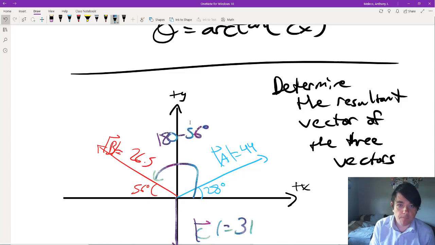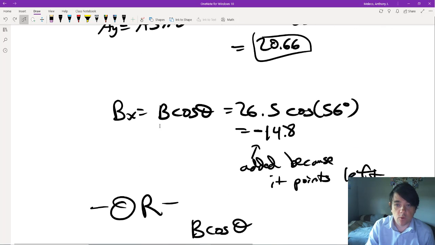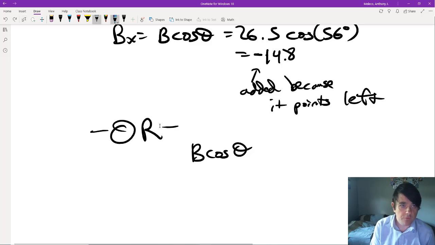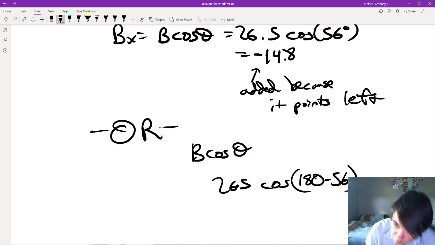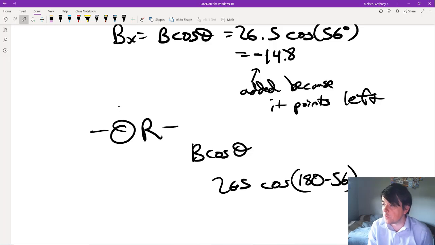If you do that, you'll get the negative value. Okay, so two ways to do it. So you would do 26.5 cosine of 180 minus 56. Okay, so two ways to do it, however you want to do it.